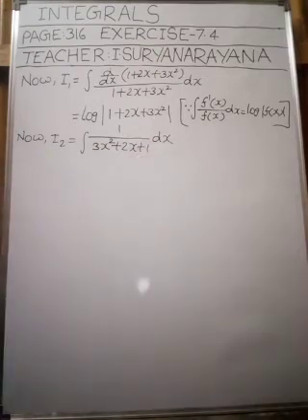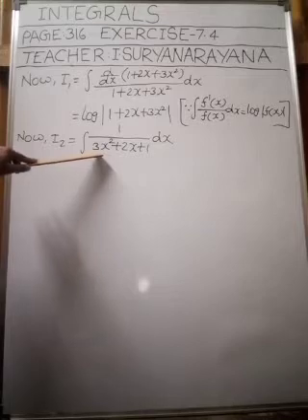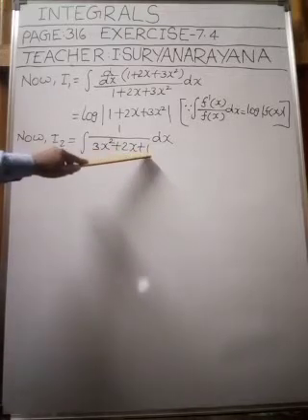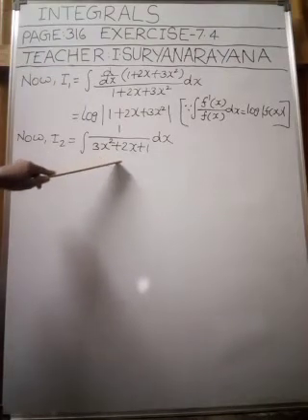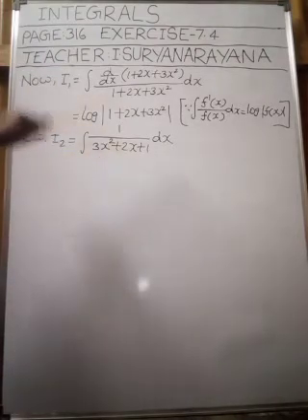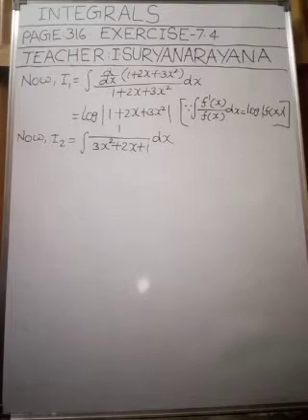Okay, my children, I wrote that quadratic expression in the standard form, means x square term, after that x term, after that constant term. Okay, my children, right. Hereafter we follow the steps as we have followed for the questions 1 to 17.